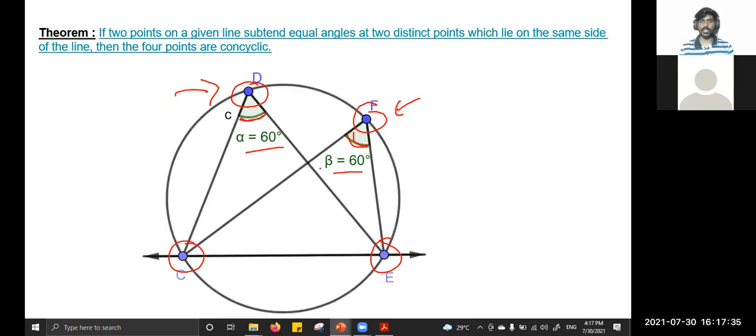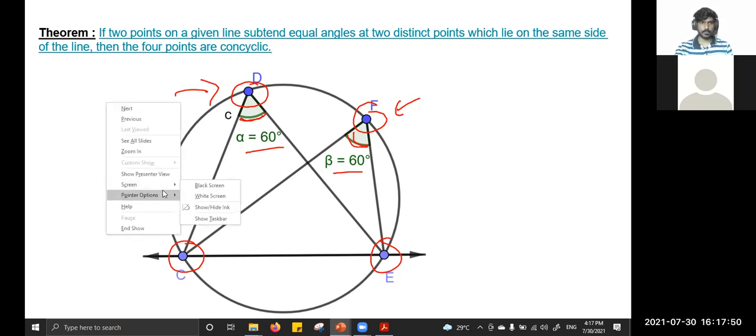That means they will lie on the same circle. Will you understand this result? Yes. Okay, so write it down. There's no proof for this in the textbook also. Just the result.